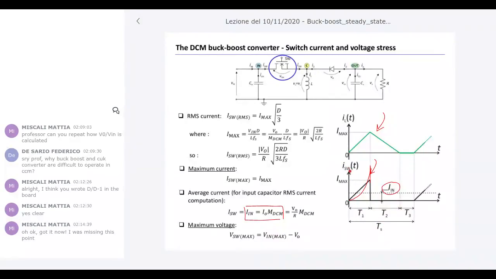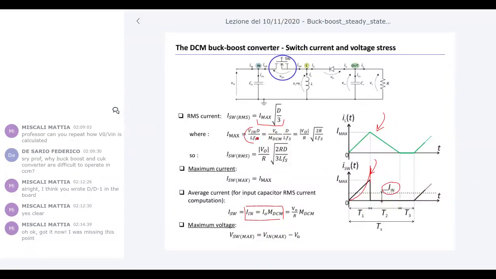At the end, T1 over Ts is the duty cycle, so you have this expression here. Already derived a few times in the past. Imax is already defined before. Given the slope Vin over L and T1, you can have Imax already computed.